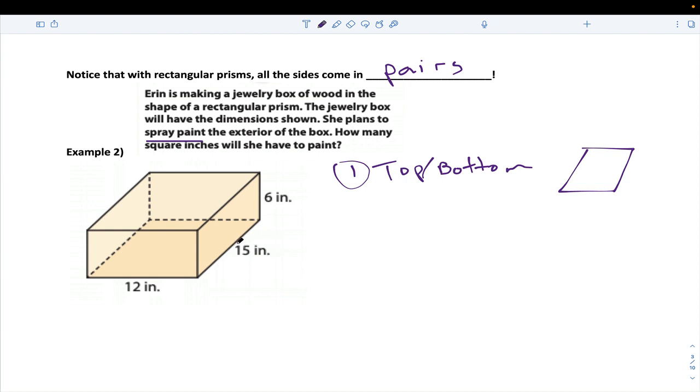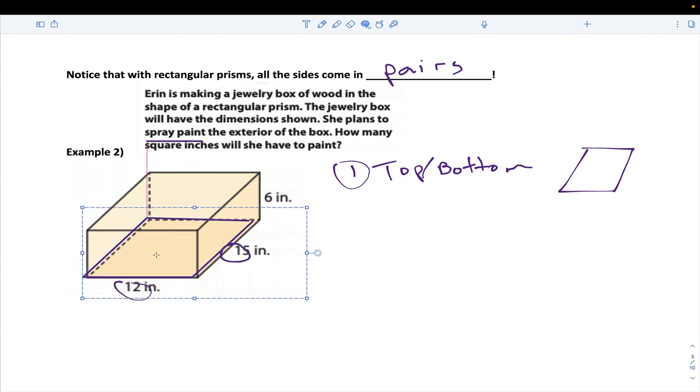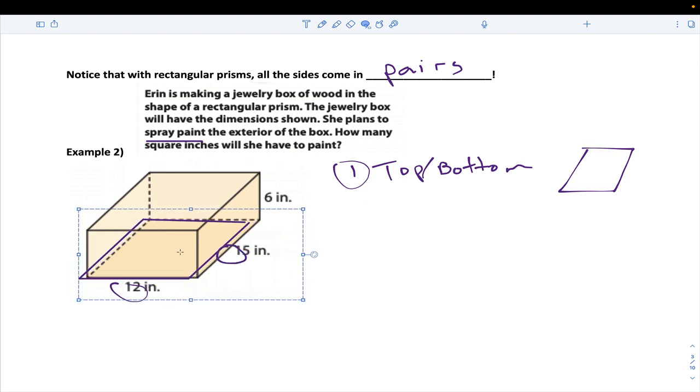Let's take a look, Hunter. I'm using the top and the bottom, so what I'm actually finding is this shape right here. What would the 2 numbers be for that one? 12 and 15. Hunter, go ahead. 12, 15. Yeah.